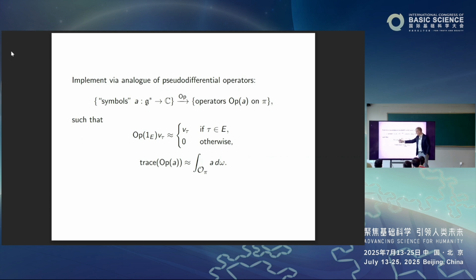And in particular, if you sum this over all tau in some nice partition, you see that the trace of this operator should be something like the integral of the symbol that you use to define it over the coadjoint orbit. And so this is an association that one can just easily write down a definition for.